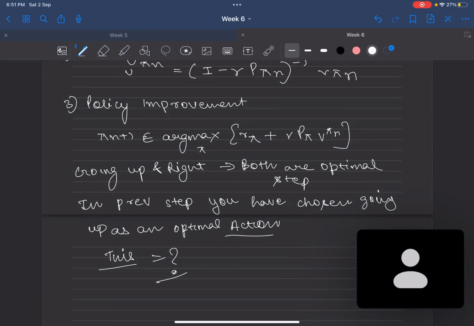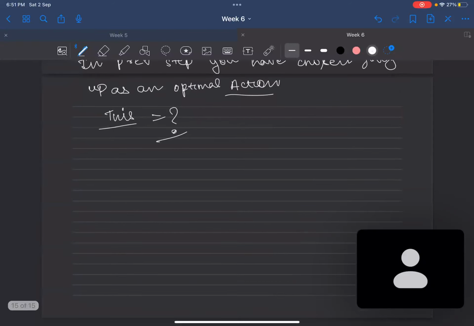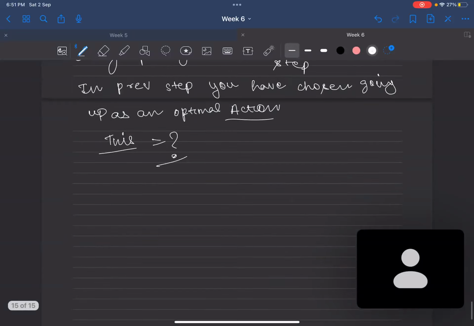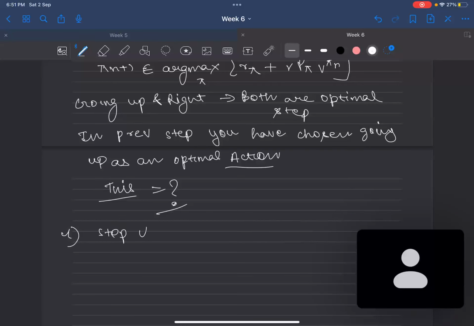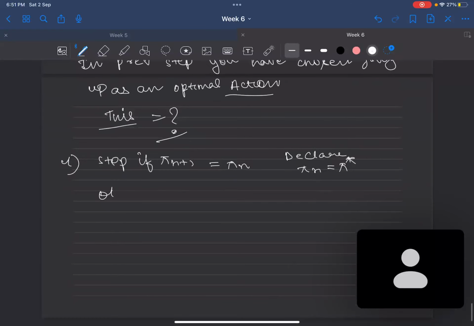That is what I want to say here. In policy improvement, one more thing I forgot: stop if pi n plus 1 is equal to pi n, or I can say declare that pi n is equal to pi star here. Otherwise, go to step 2.